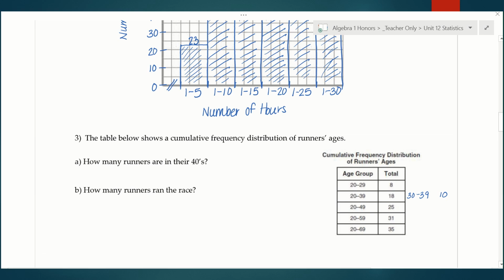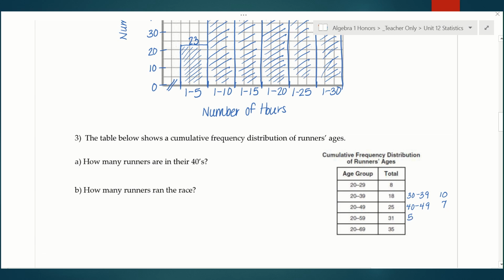Okay, so we can do the same thing for the next interval. Instead of 20 to 49, let's think of this as 40 to 49. So if there were 18 in the previous interval, now there's 25, there must have been 7.